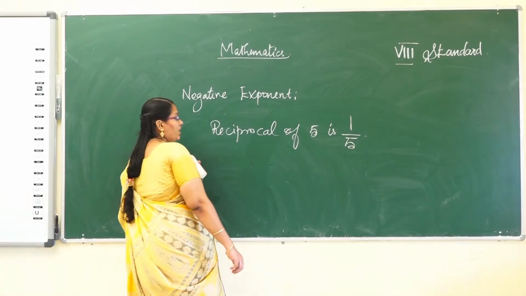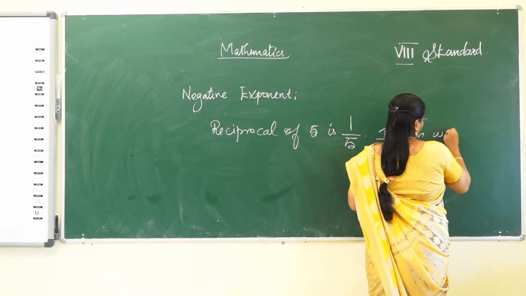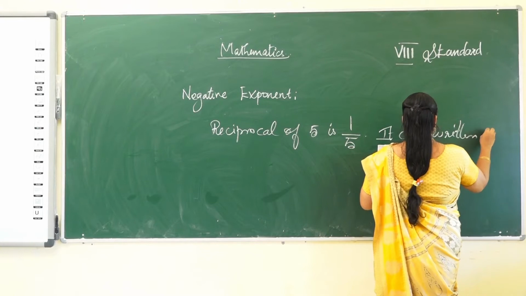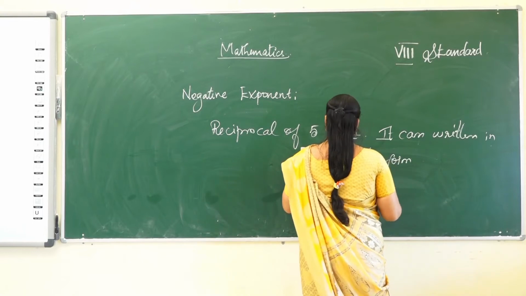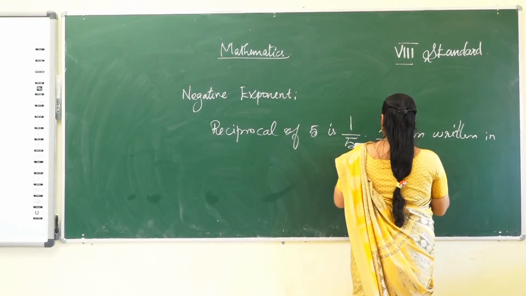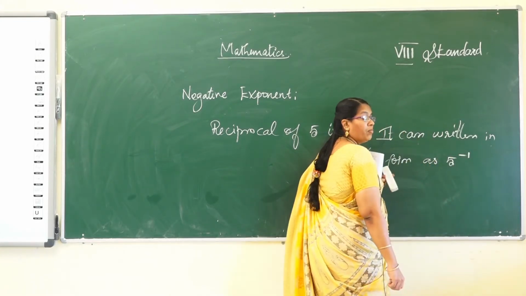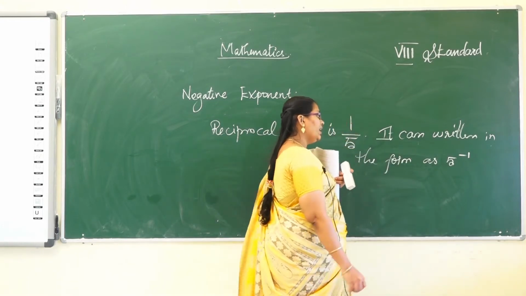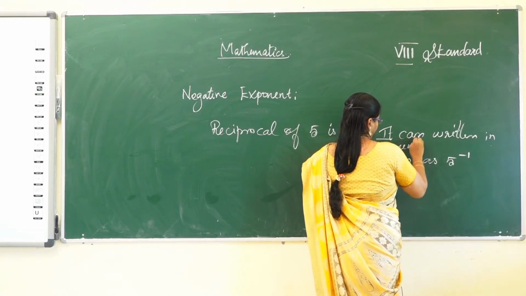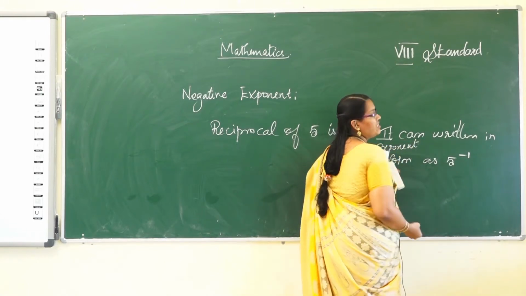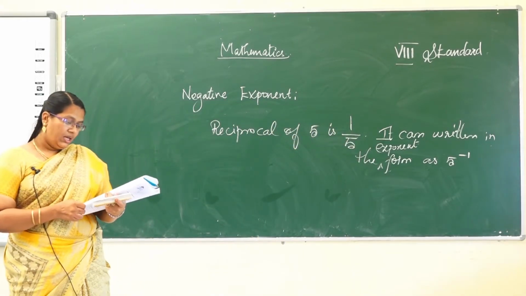It can be written in the exponent form as 5 power minus 1. It is called the negative exponent.